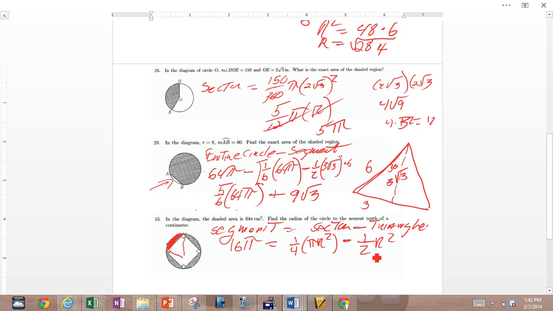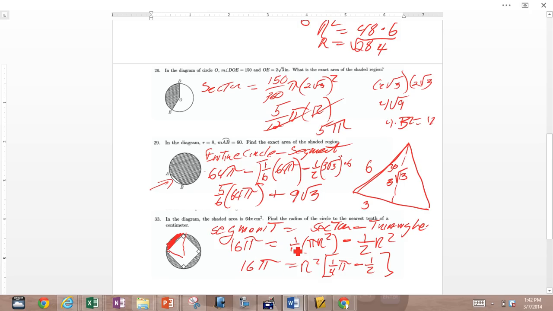Okay, so how do we proceed to find this? Well, let's see. We have r squared over here. What we've got is a common factor, r squared, which can be factored out. R squared gives us 1/4 of pi minus 1/2 is equal to 16 pi.